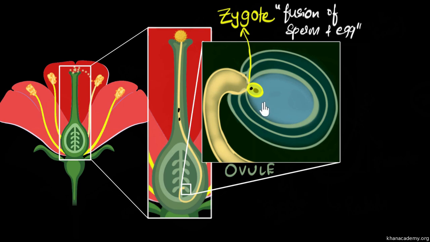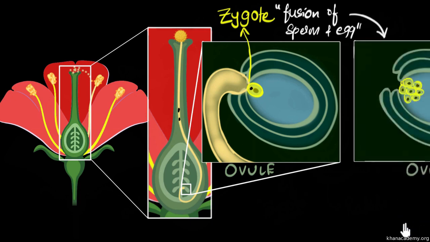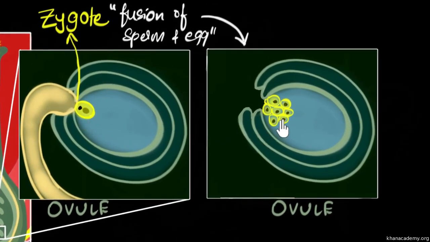What happens next? Well, next, a lot of changes start happening. First of all, the pollen tube has done its job, so it'll start disintegrating. Then we will see that the zygote will start dividing from 1 to 2, 2 to 4, 4 to many. So let me show you that. So here it is. We can now see the zygote is multiplying. It's dividing into many, many more cells.